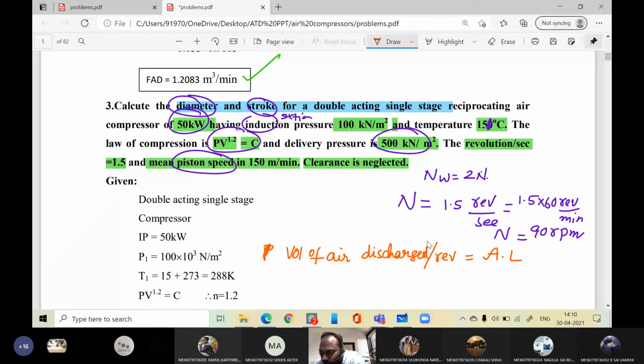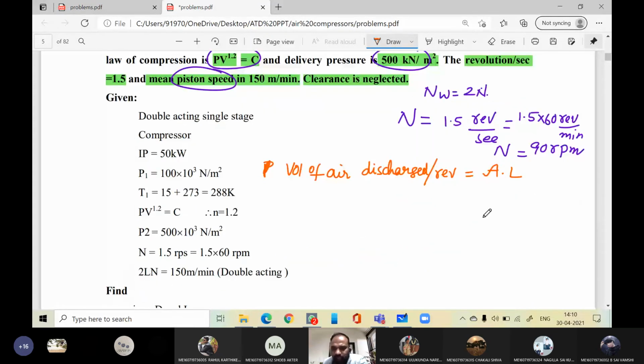Yes, sir. Swept volume, right? A into L. Now I want volume. Is it clear? Area into length is nothing but swept volume only.